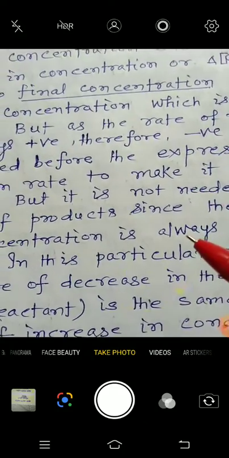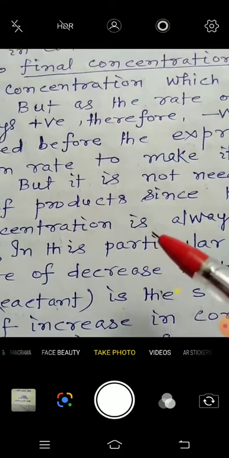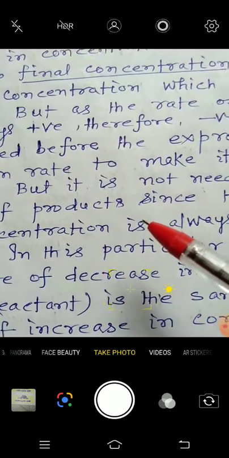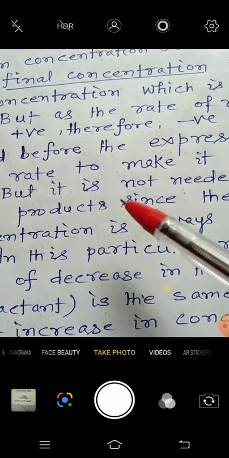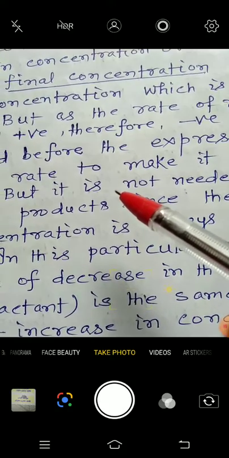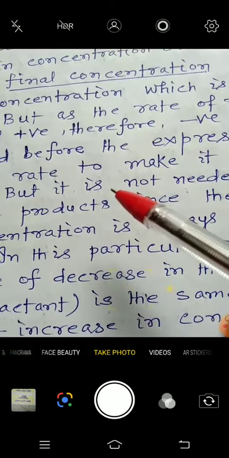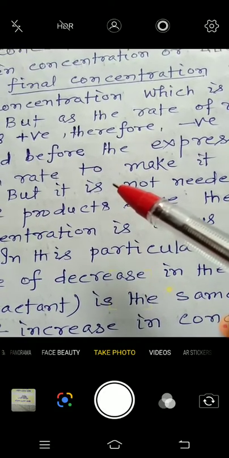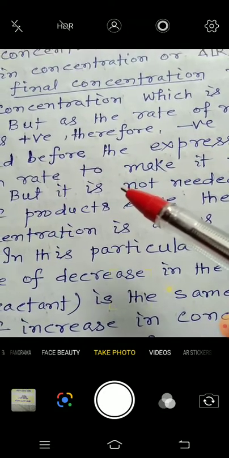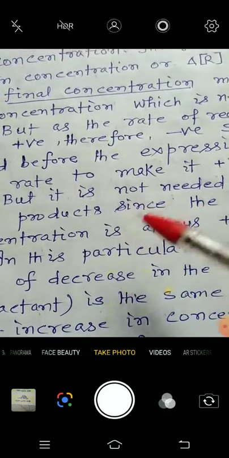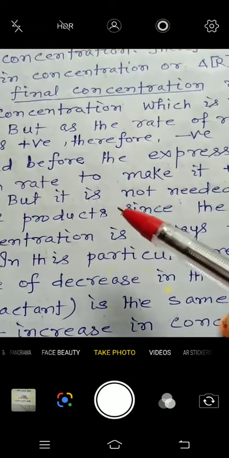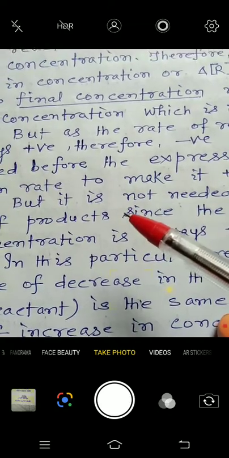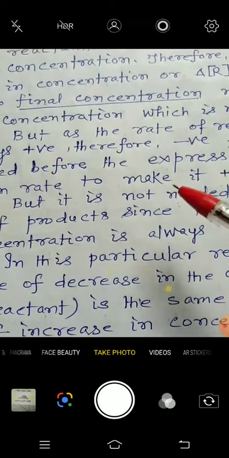So, when you get two concentrations at different times, one is the final concentration. Suppose the reaction starts, and after some time, 5 minutes, 10 minutes, you note again the concentration of either reactants or products; that is the final concentration.